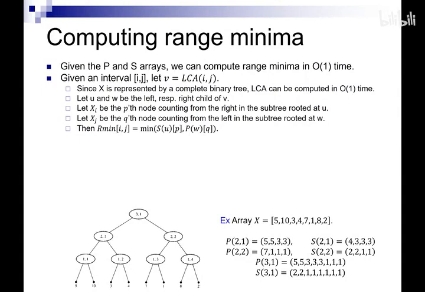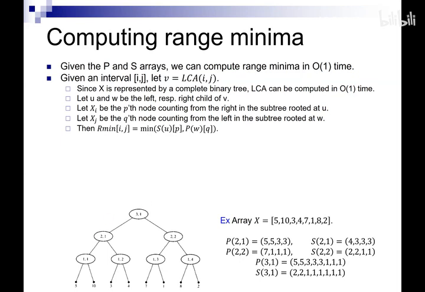And the reason is that suppose you have an interval i, j, and suppose you want to compute the minimum value within that range. Now, first of all, we're going to compute the LCA of i and j. We can do that easily because remember that this tree is a complete binary tree.